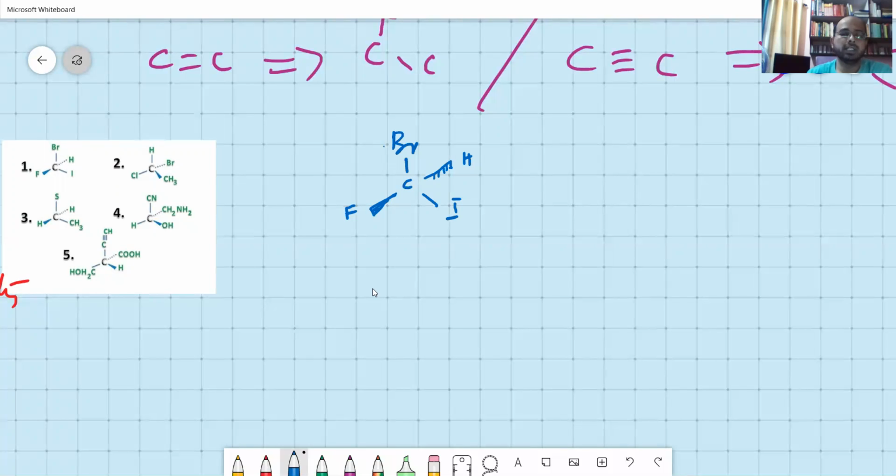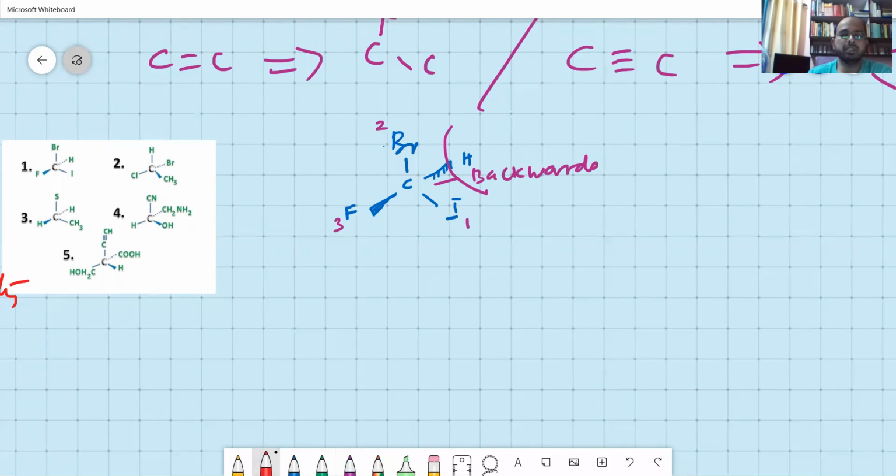There are two ways you can imagine this. One way is because it is already backwards. Dashed version means it is backwards. So when it is backwards, you can just directly put the priorities. Iodine has top priority, bromine has the next priority, and fluorine has the third priority.